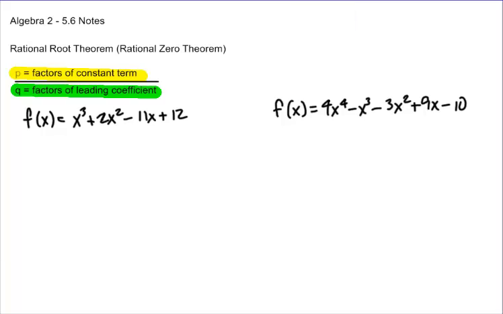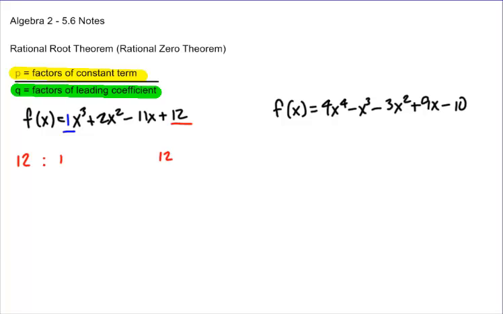So if I'm looking at this first guy right here, my constant term is 12. My leading coefficient term right here is a 1. And so the factors of the constant term 12, I would just say something like this: what times what is 12? Well, 1 and 12.